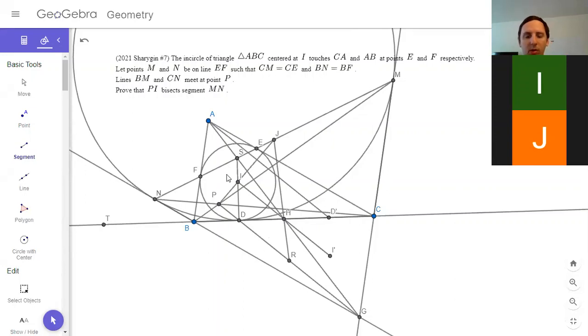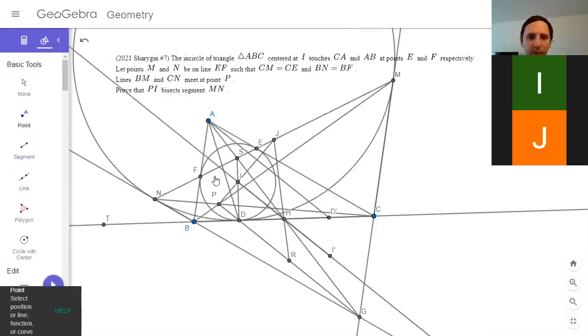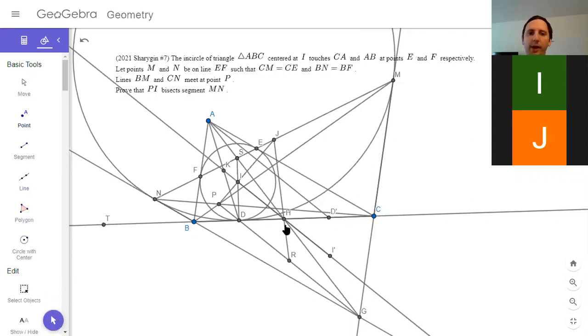So if we extended IH to meet AB, then that distance would be half of AD prime, right? So KH is half of AD prime, but not IH necessarily. But IH is parallel to DG. I agree with that.